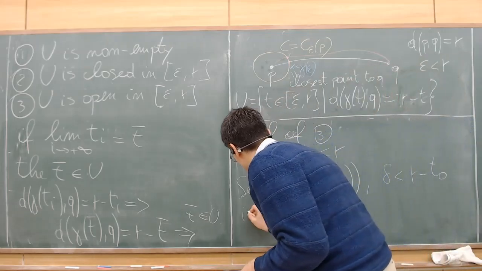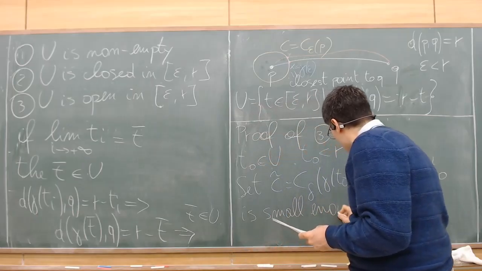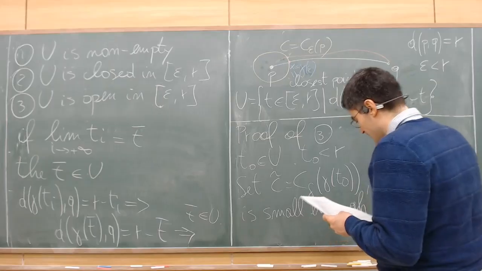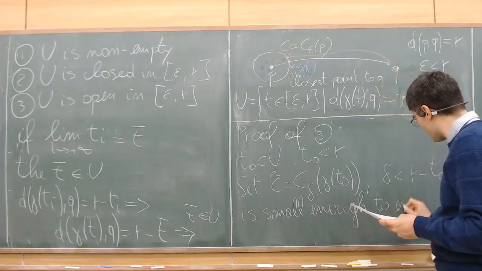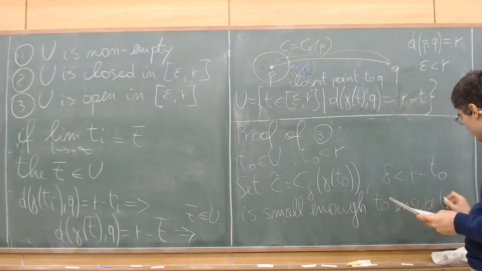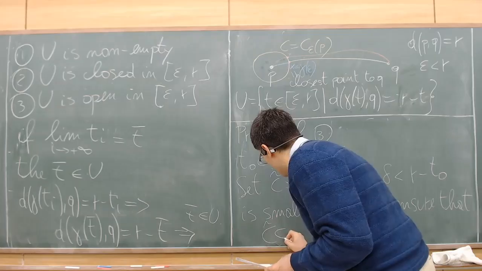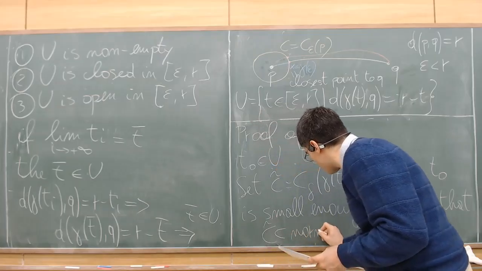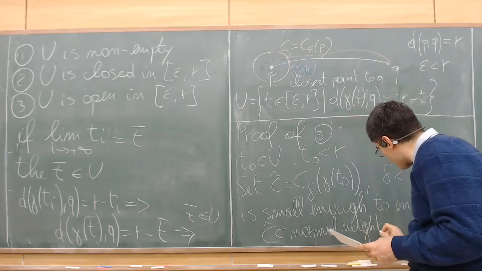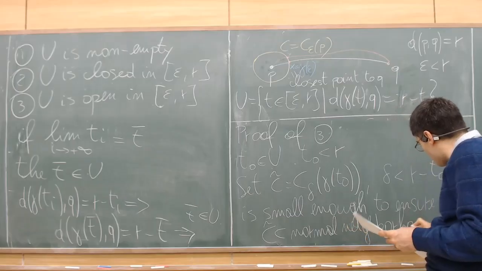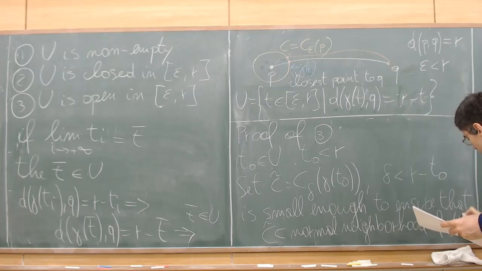This is small enough to ensure that C tilde is contained in a normal neighborhood of gamma T0.